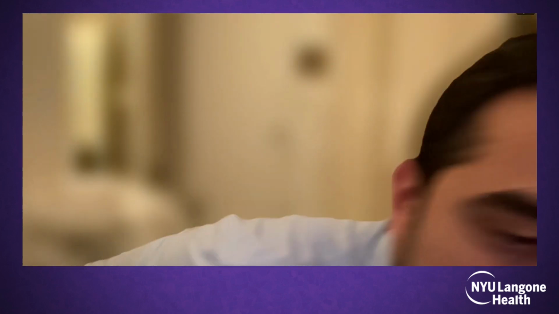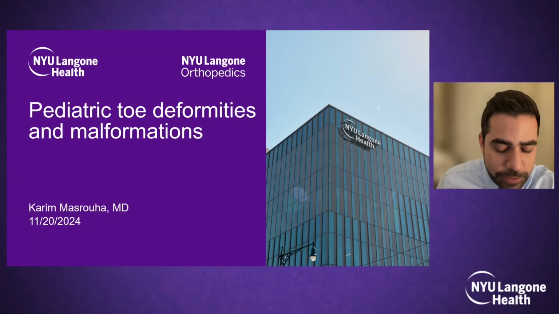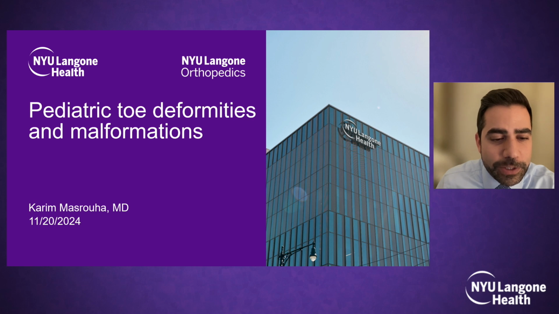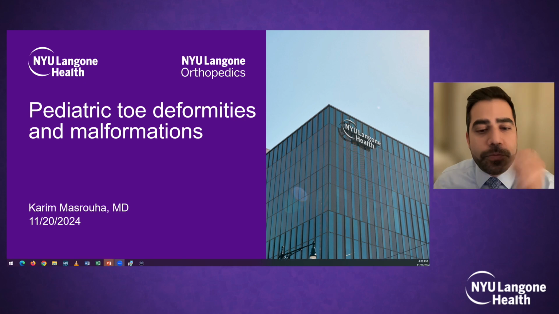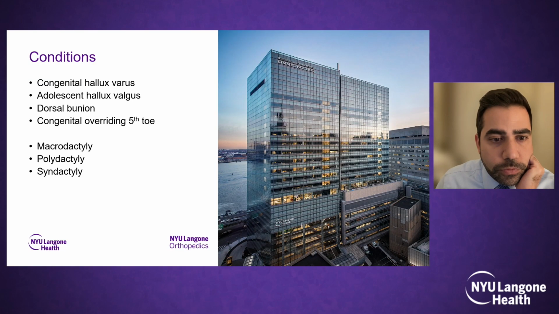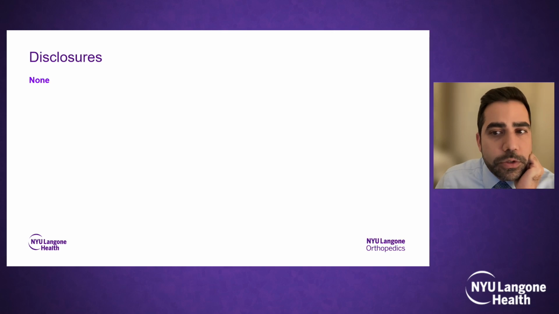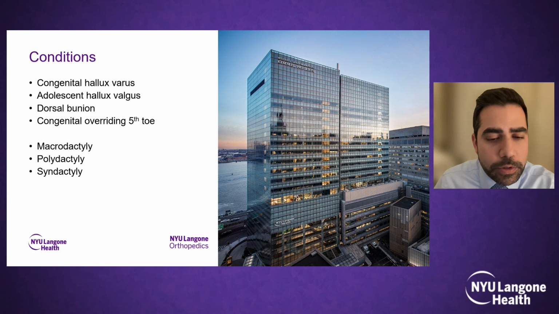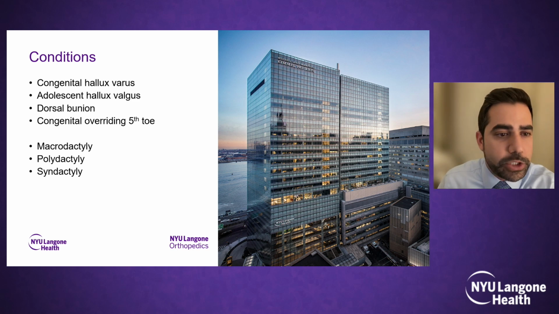I'll be talking about toe deformities and malformations. I think that sometimes toe deformities are underappreciated, maybe overlooked. So we'll highlight them over here. I'm going to disclose that talking about toe deformities in a short period of time is challenging, and so it is by no means comprehensive.